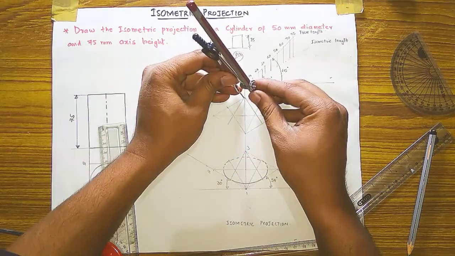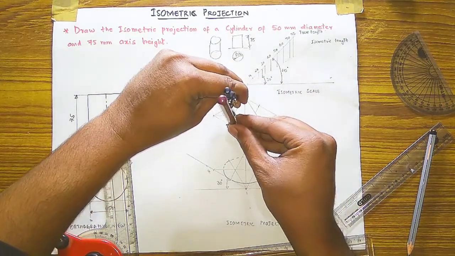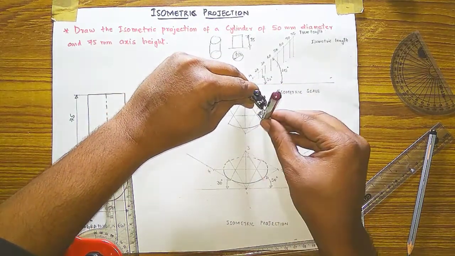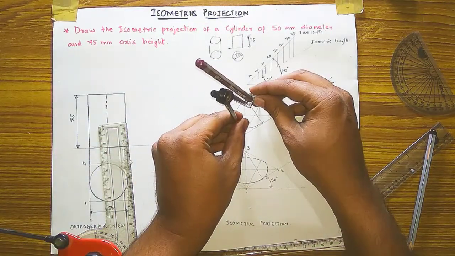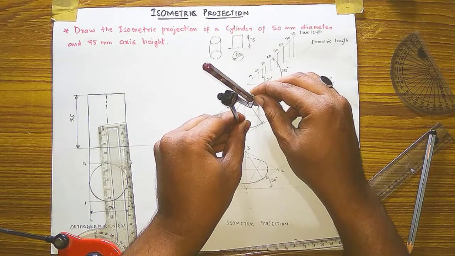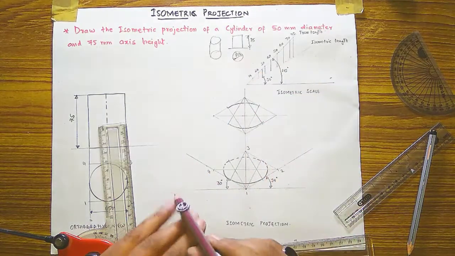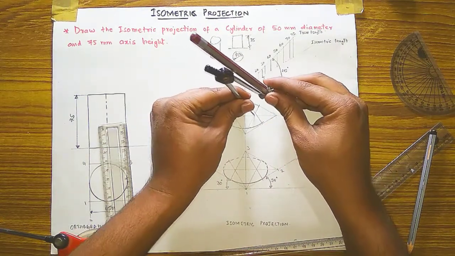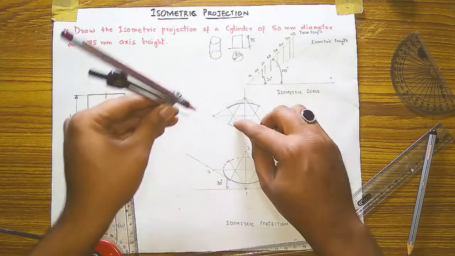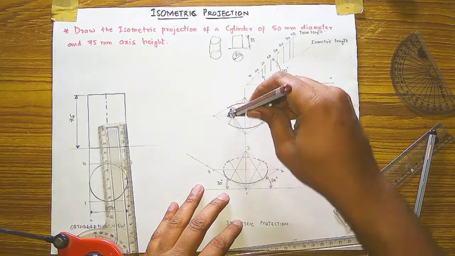So how to do this? First I am keeping here, adjusting till here and drawing this arc like this, okay, and keeping here like this, and the remaining arc you have to keep it on here, the distance here where these two lines are meeting from there.